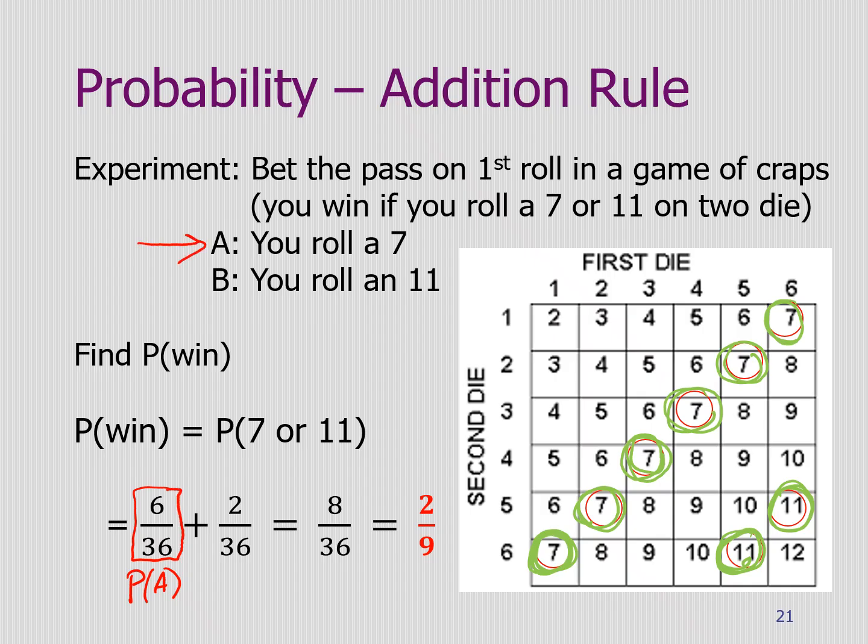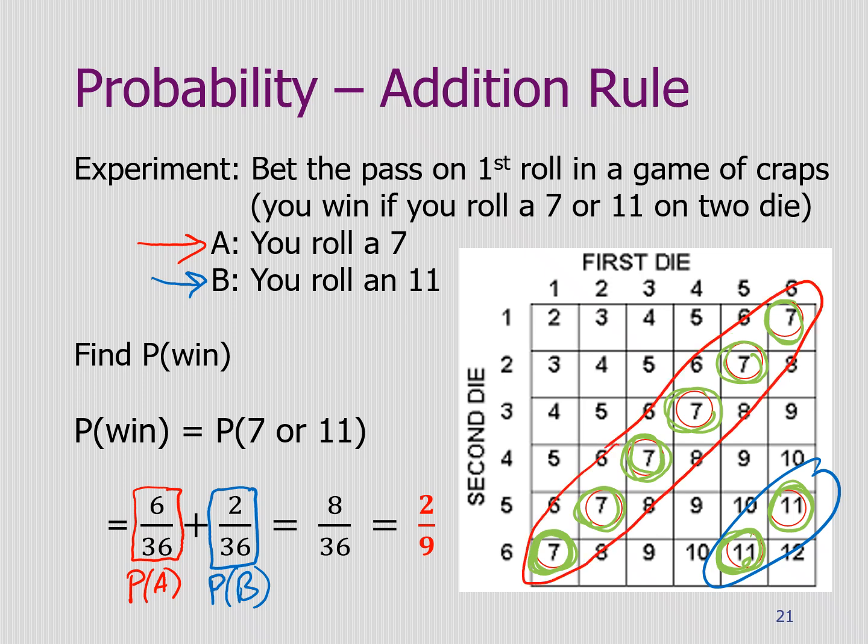And this would be the probability of just B happening, right? 6 ways to roll a 7 out of 36 rolls, 2 ways to roll an 11. So here's event B, here's event A. There's nothing to subtract because there's no overlap.